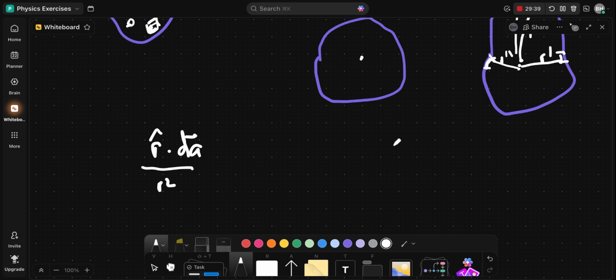The point is that you can easily argue that dA, because we chose the tiny elements out of which we build our shape up, is normal to a sphere. The other thing is that it's going to scale as r squared.